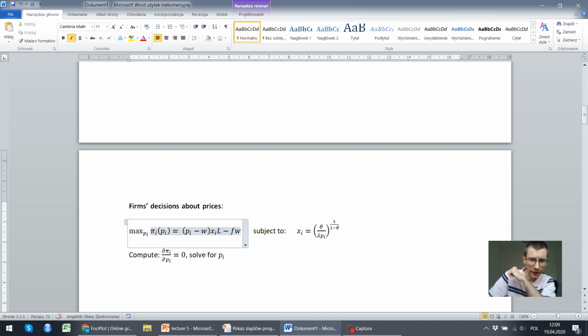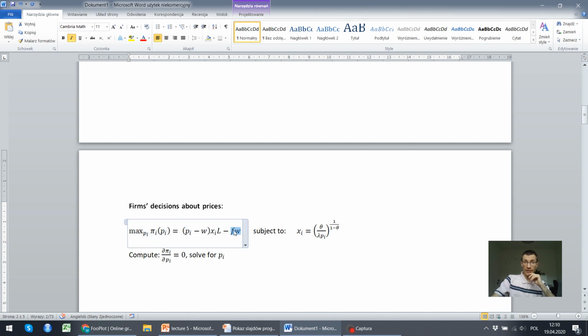The profit function, which is exactly the one that we put in one of the previous slides, is the difference between the price of a particular variety minus the wage cost, which is the variable cost of production, times the number of units that each consumer is consuming of a particular variety i, times L. And L is the number of all the consumers in the country or in the market in which the firm is selling its product. It's an indicator of the size of the market, okay? But we have to take it into consideration because the firm is selling the goods in a particular market.